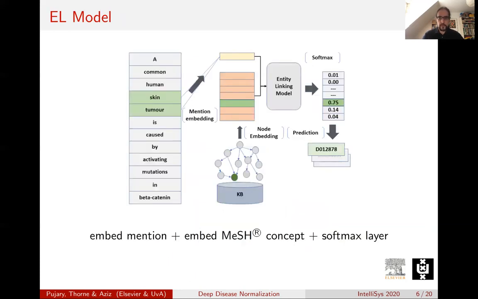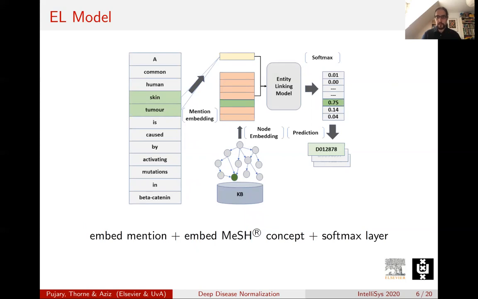For entity linking, we use this general architecture where, on the one hand, the named entity recognizer is run over the corpus to identify the entities, then the ELMo embeddings of the constituent tokens are retrieved and linearly combined. In parallel to this, a node embedding using graph embeddings is computed over MeSH.